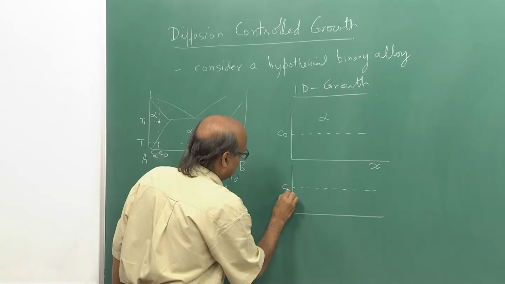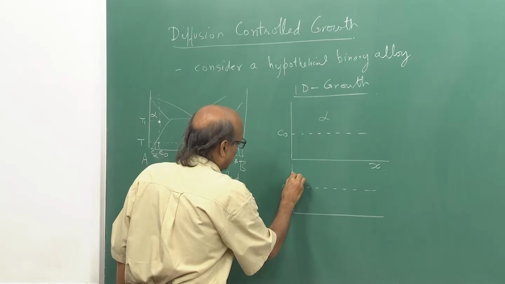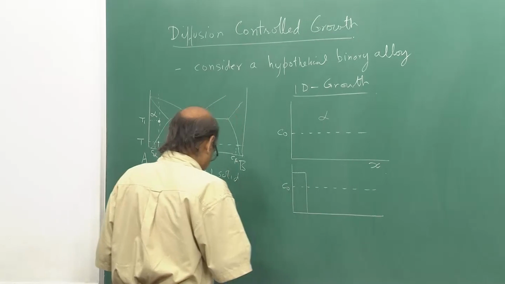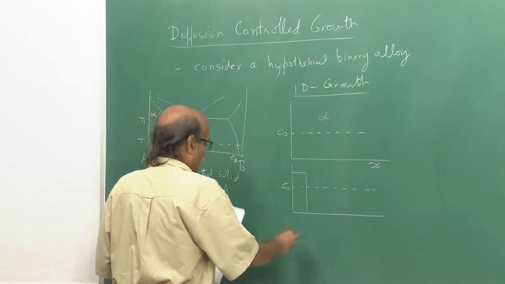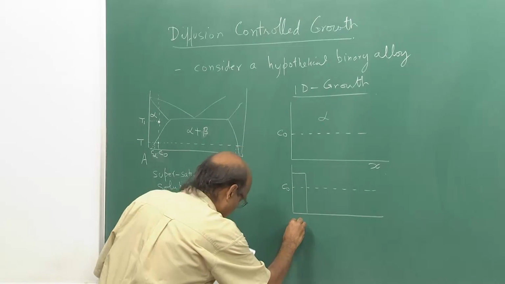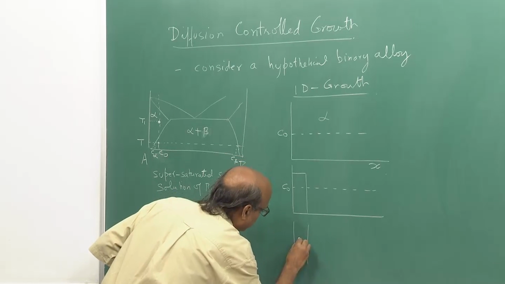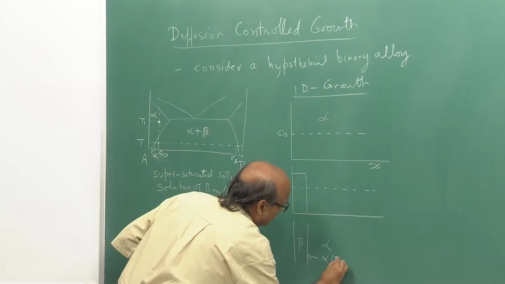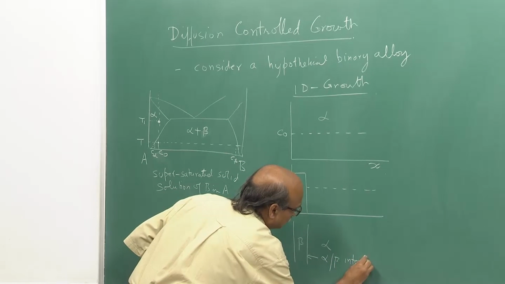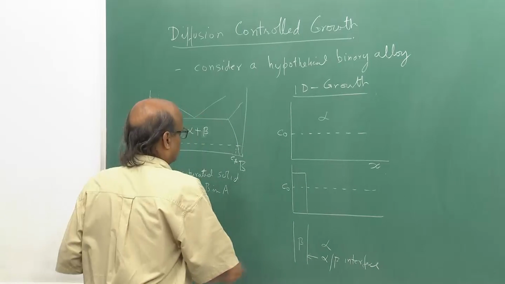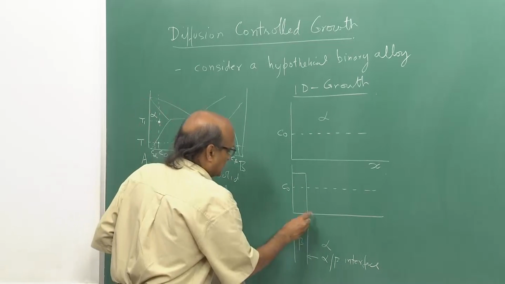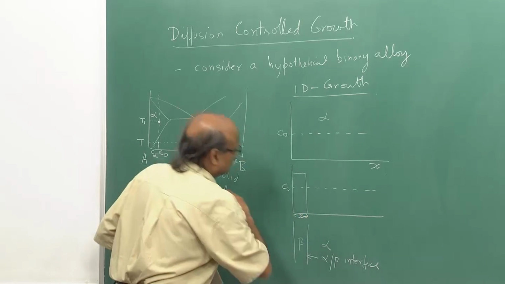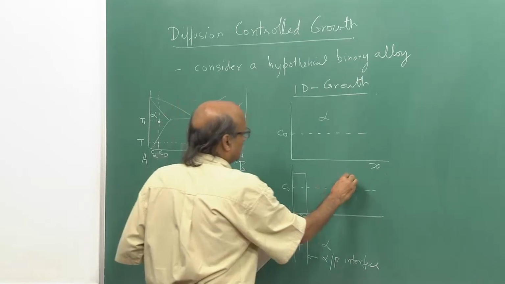So, I have C naught here, I have let us say a slab of beta that is formed. Imagine a situation like this: this is my beta, this is my alpha, this is my alpha beta interface, and this is of thickness x, and this is at some time t.